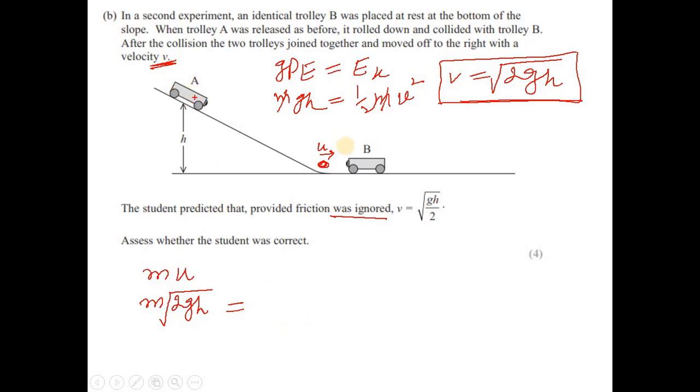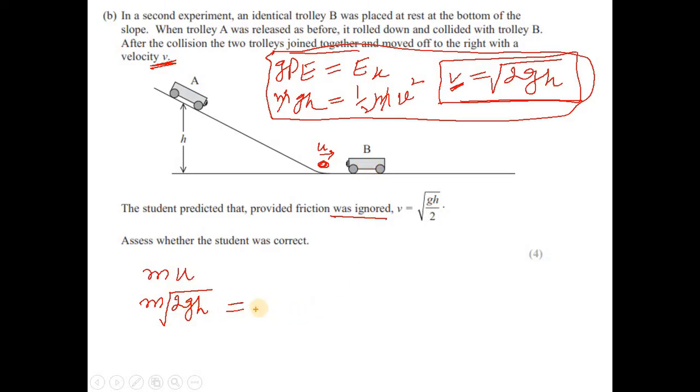After collision, both the trolleys join together as per the statement, and they are moving together with the velocity v. Please remember, don't confuse this v with that v. That was the explanation I gave just for your understanding. Later on I say that the initial velocity is u before collision. Now after collision both trolleys are moving together with velocity v.